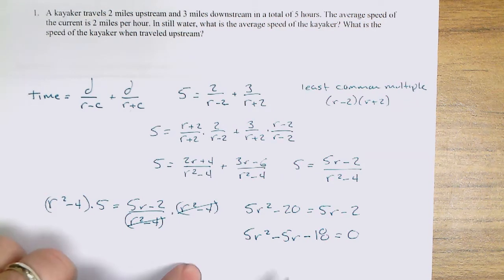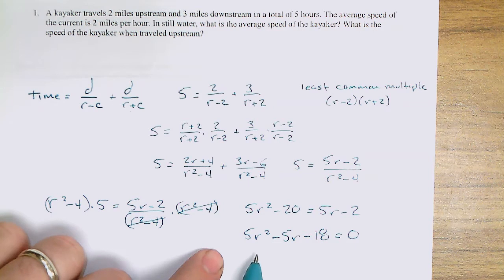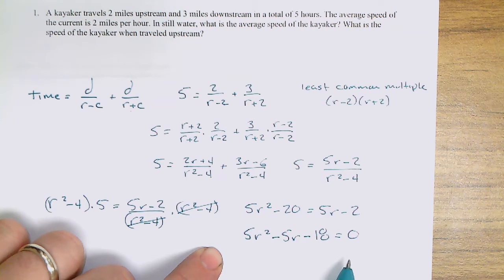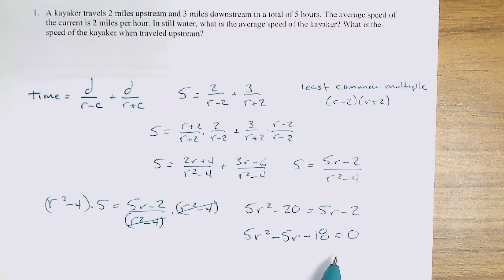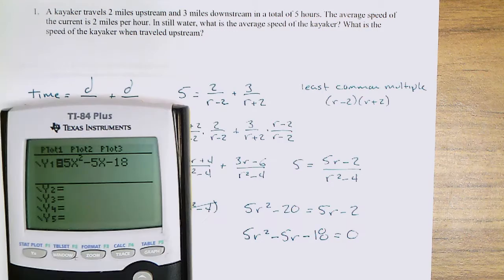Now here, I have a couple different options. I could try factoring by grouping, I could use my quadratic formula, or I could graph this and find the zeros. So we're going to just graph it and find the zeros.